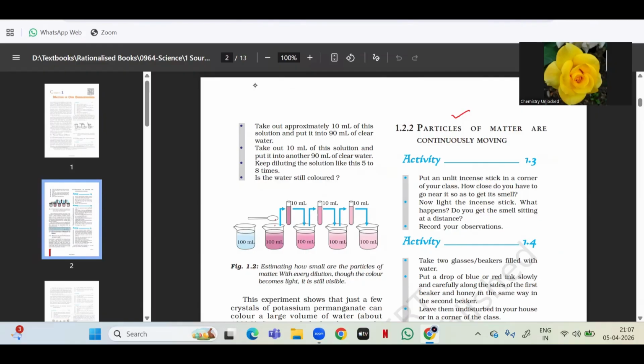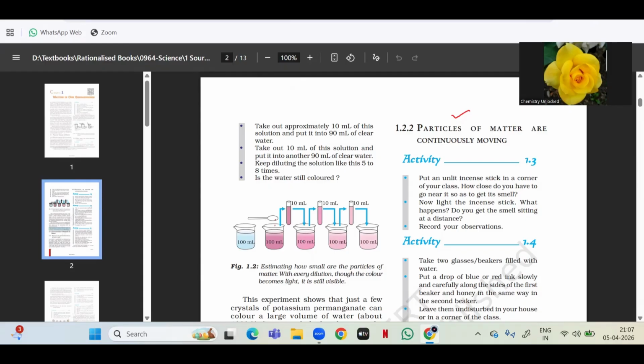Now what they have done is taken say 10 ml from this beaker and diluted it to 100 ml. Then 10 ml from this beaker, diluted it to 100 ml. Like this, if you go on doing the dilutions up to say 8 or 9 times, you can still see a tinge of color of potassium permanganate. You can see here it's written, keep diluting the solution like this 5 to 8 times.